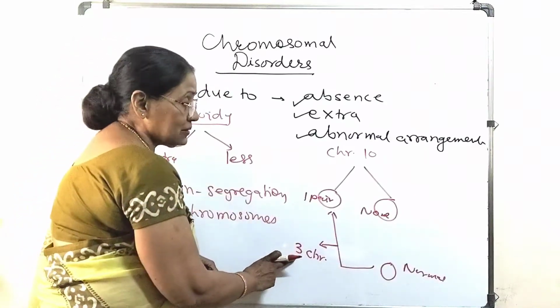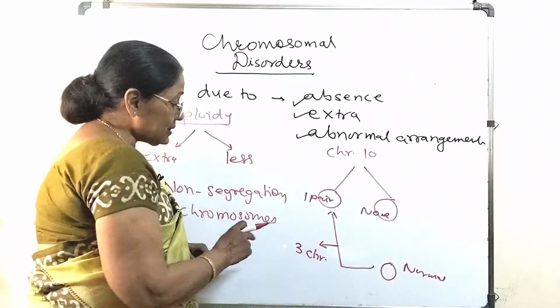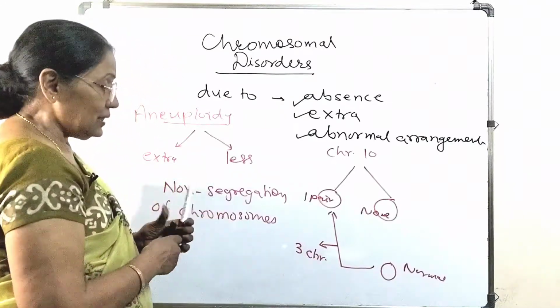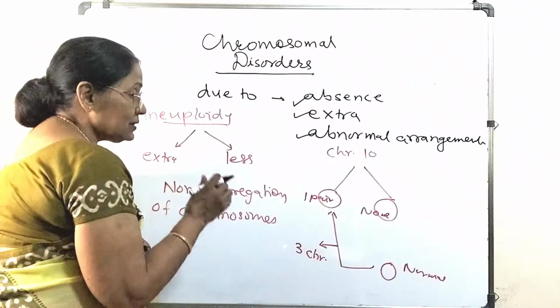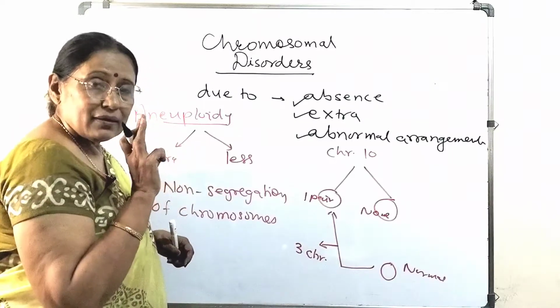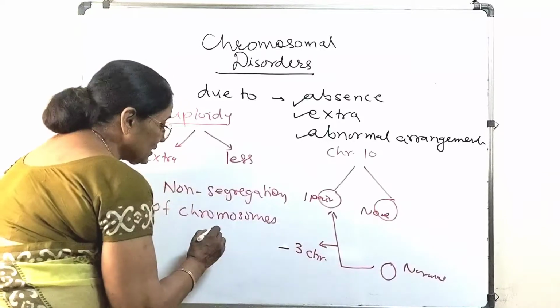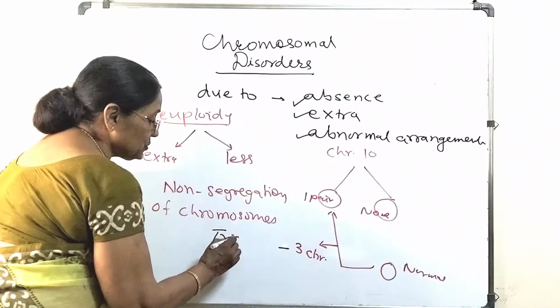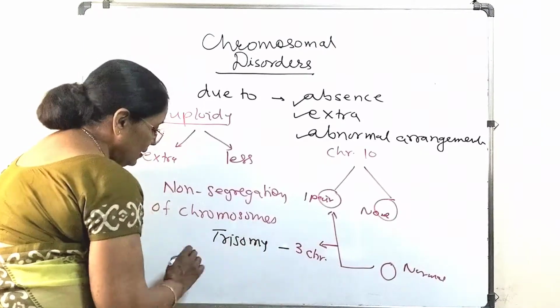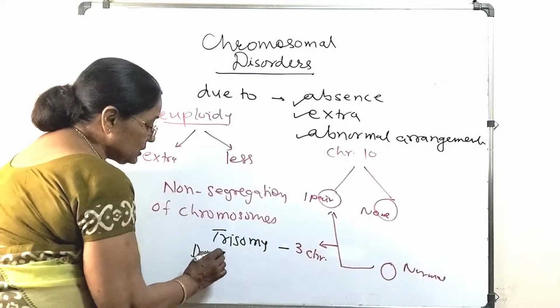This is called trisomy. Normally it should be one pair, that means 2. If it has 3, this condition is called trisomy.